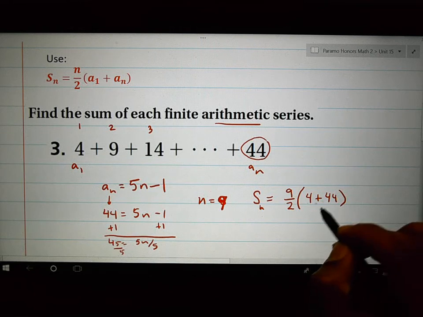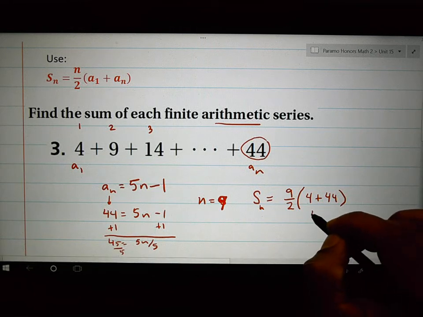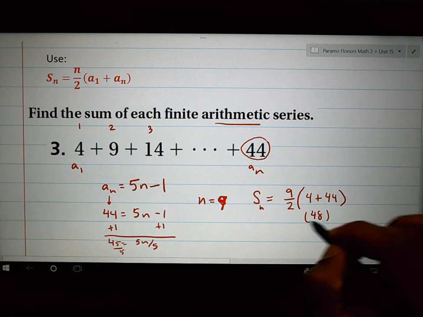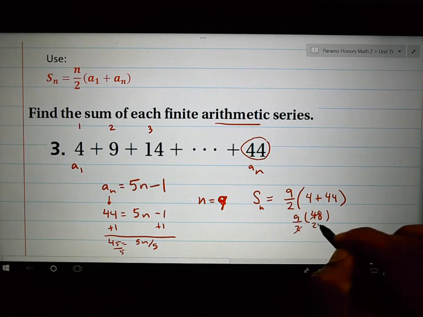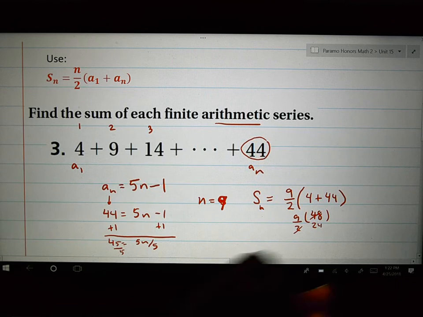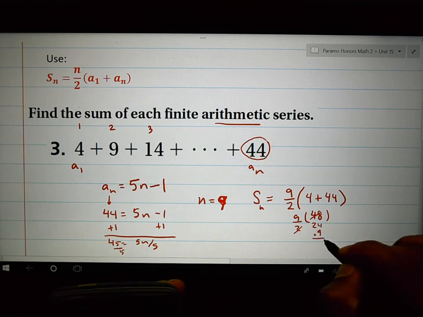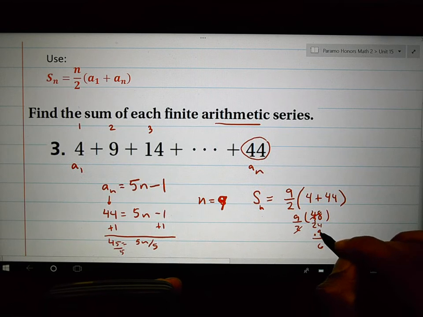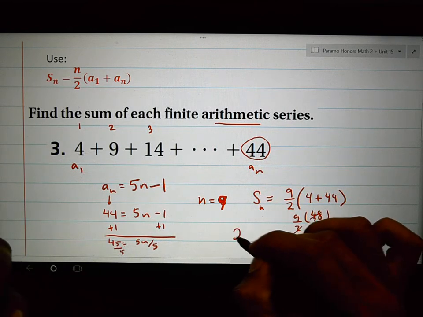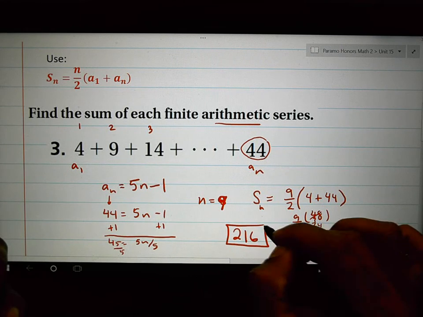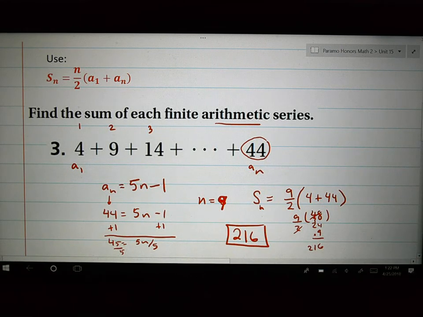So we do what's in parentheses first, 48, times 9 halves. 2 goes into 48 24 times. 9 times 24. I don't know. Let's do that. 36, 18, 19, 20, 21. 216 is what I'm getting for the sum of this series.